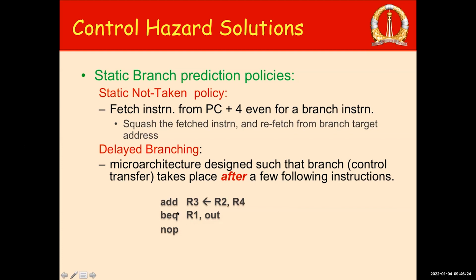Therefore, if the ith instruction is a branch instruction, the I+1 instruction can be fetched and executed. Then the control transfer takes place only from the cycle after that. That's the default way of executing. By this, you are not really achieving anything except that the instruction following the branch instruction, which is a no-op instruction, also gets executed.